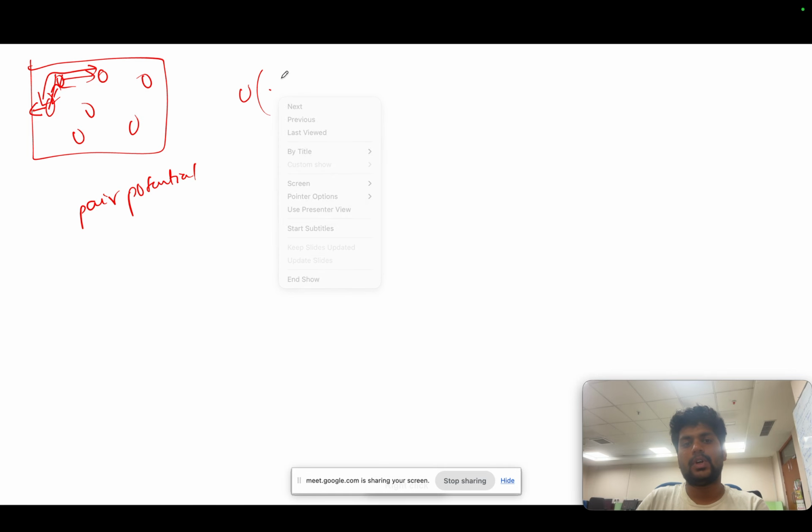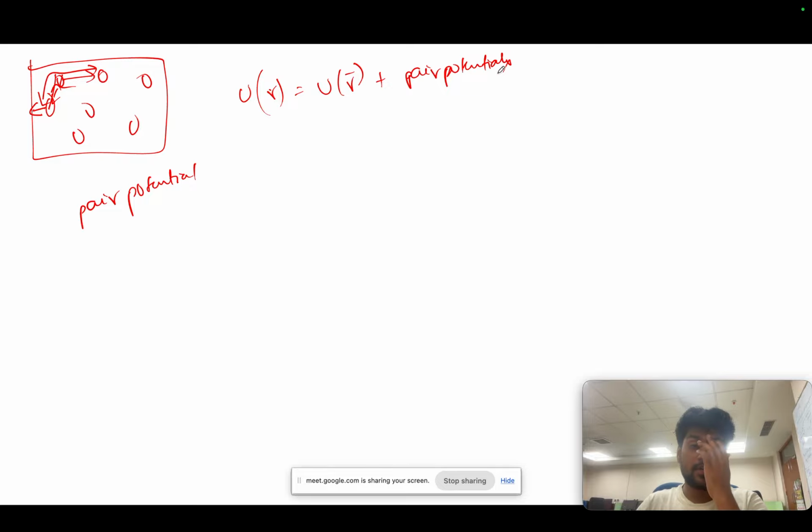So initially the potential energy is defined as the surface effect plus pair potentials, and we are not considering more than two-body potentials because they won't have much effect on the system. Then we have different types, like hard sphere, square well, and soft sphere.